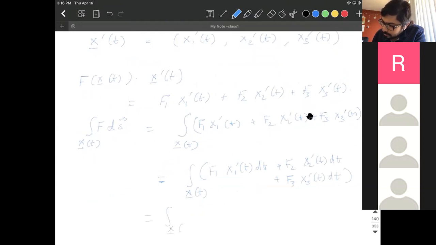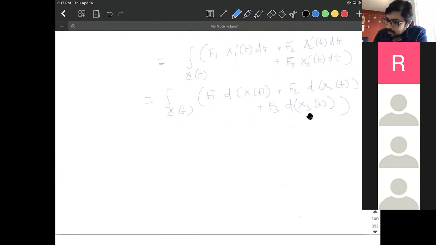So this is f1 d(x1(t)) plus f2 d(x2(t)) plus f3 d(x3(t)).